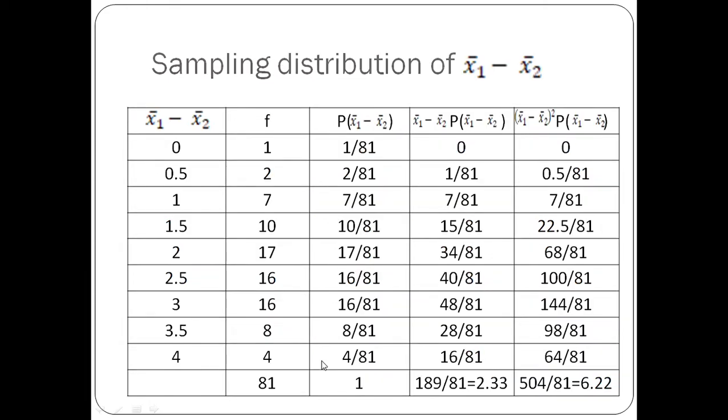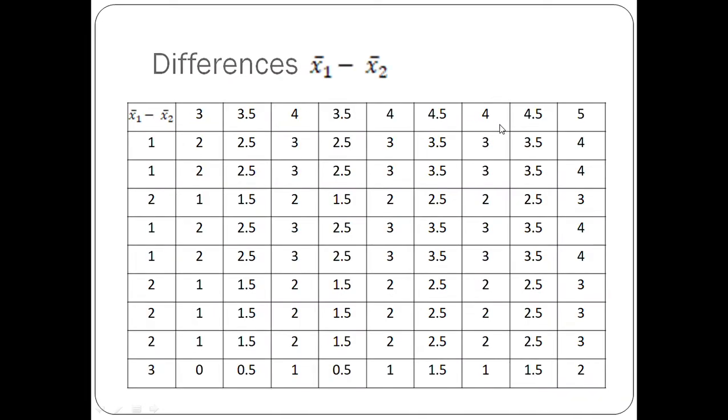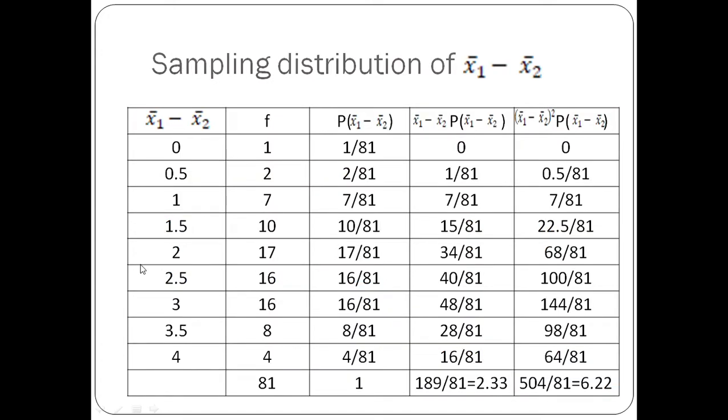So now, the sampling distribution for the differences. Here I have written all the possible differences which I found in this table: 0, 0.5, 1, 1.5, 2, 2.5, 3, 3.5 and 4. These are the possible differences, and then we write the frequency.